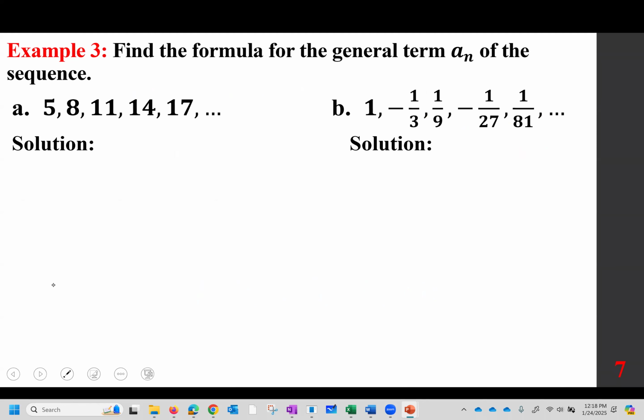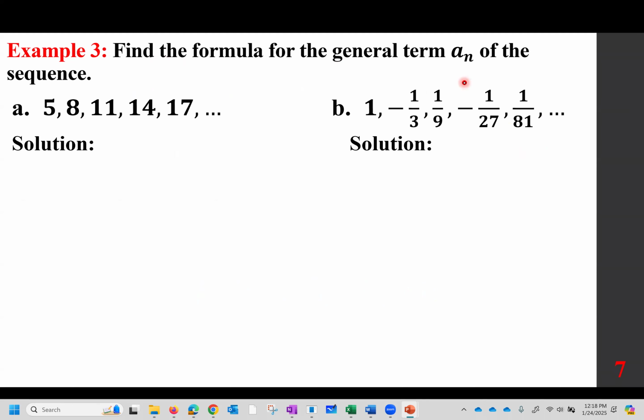All right, the reverse process. We want to find the formula for the general term A sub n of the sequence, and generally speaking, in some cases this can be very difficult, okay? But for us, the questions we do are pretty straightforward. So what do we notice here?